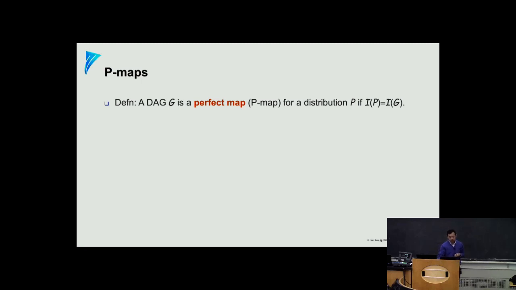Okay. Then the I-map concept naturally leads to something a little bit more profound and difficult called the perfect map, meaning that these two sets are equivalent. Do you guess that for any graph and any distribution, you can always expect a perfect map, or an equivalence?